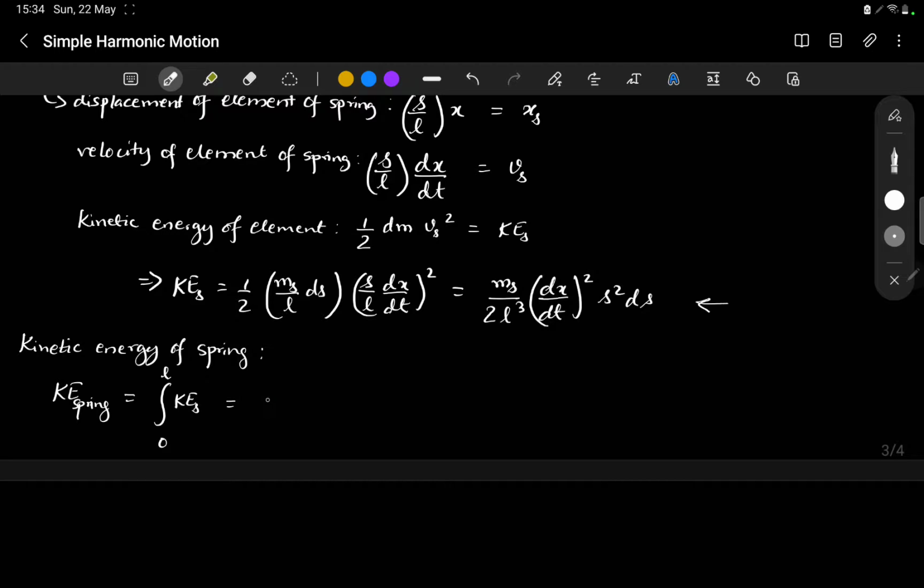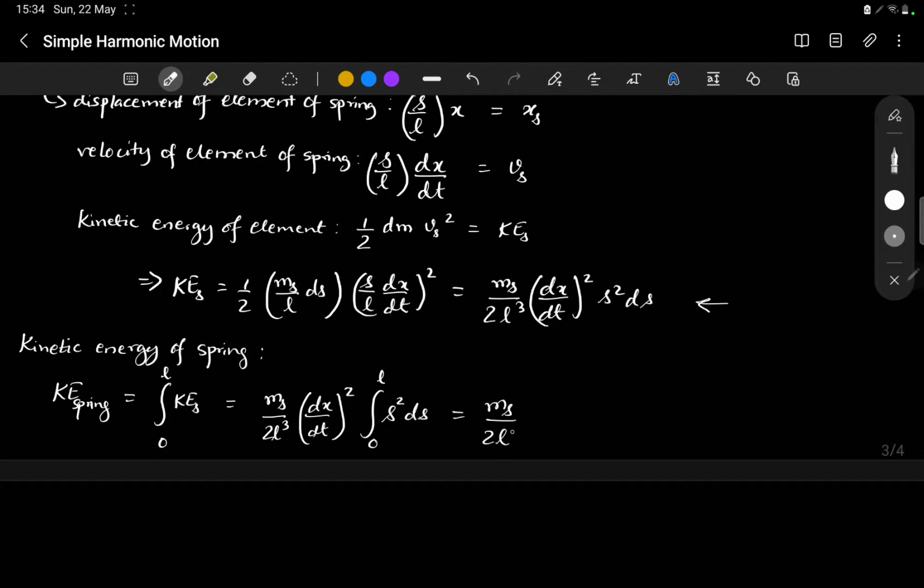So let us just put in the values and solve this integration.